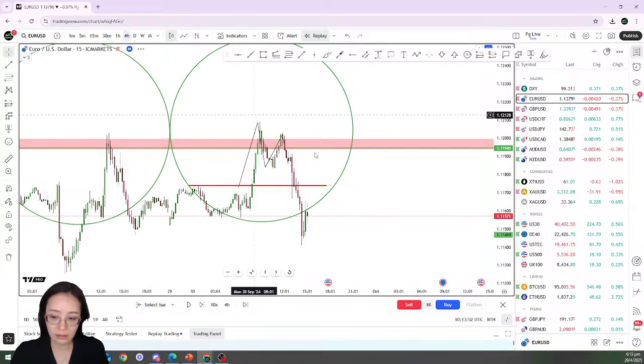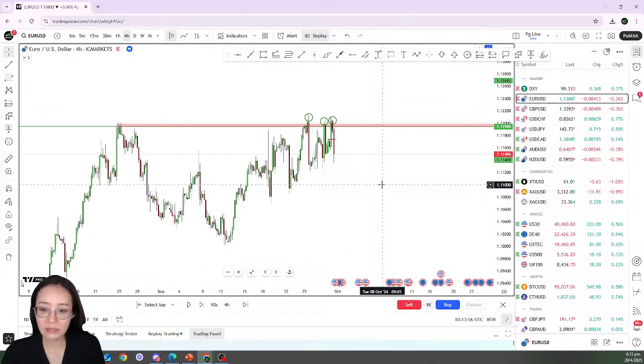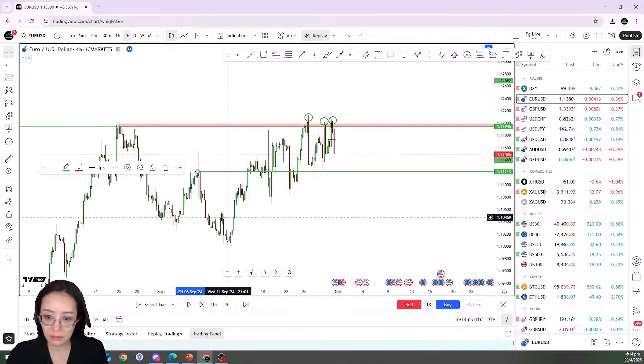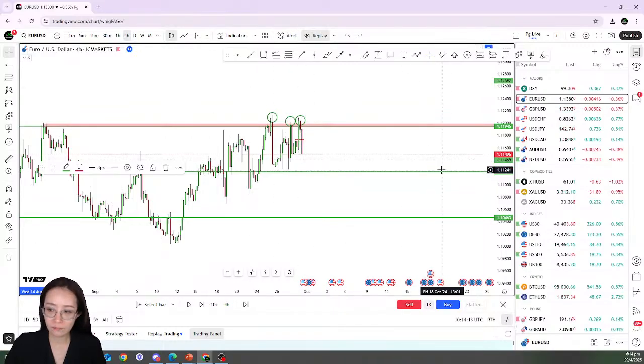Now, H4 candle, the level that I'm looking for, this is the first support, and this is going to be my second support, meaning that if you were to sell here, you can hold to the first support, TP1, and TP2 for H4.